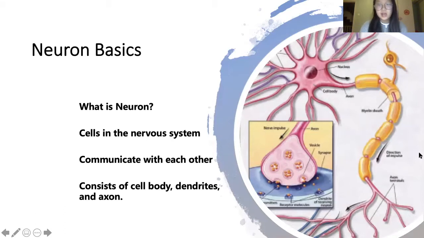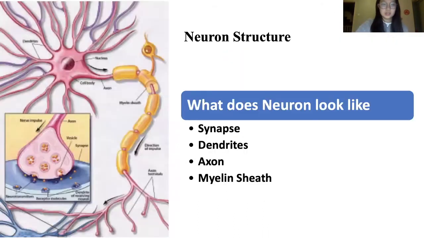A typical neuron looks like the one shown here, and we call this neural anatomy. It consists of a cell body, dendrites, axons, and so forth. There are a lot of things going on in the neurons, and we're going to talk about it in just a sec. So what does a neuron look like?